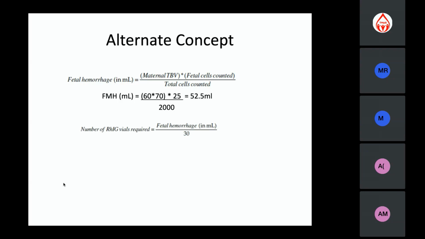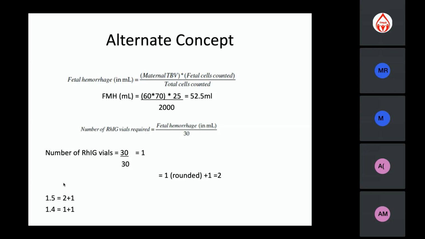To calculate the number of RH immunoglobulin vials required, we divide the fetal hemorrhage by 30. The 30 represents that one vial can neutralize up to 30 ml of whole blood. In this case, the fetal-maternal hemorrhage was 30 ml, so 30 divided by 30 gives you a value of 1.